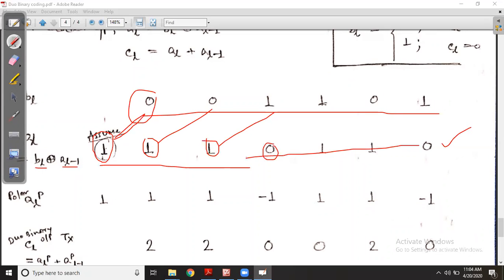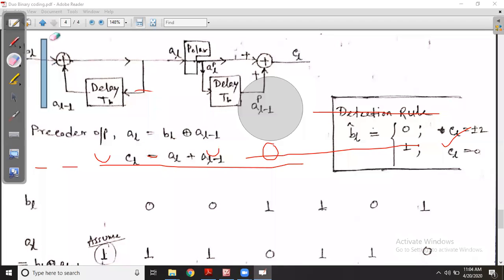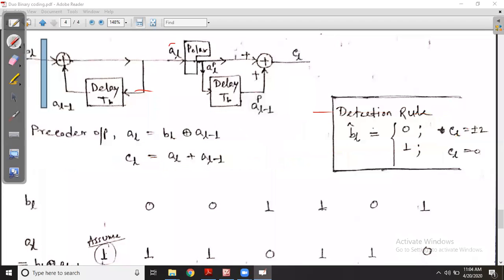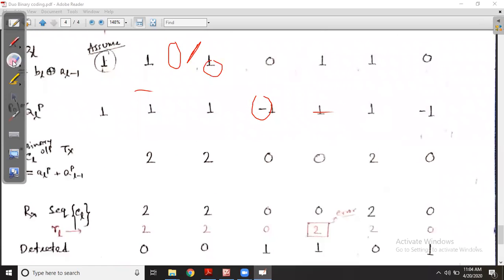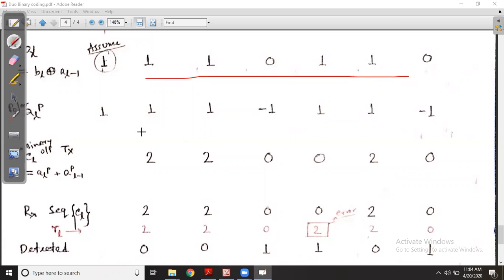Then this row is now nothing but AL. Going through some line coding technique, we are getting ALP and AL minus 1P. You see here, this is your bits, this is your voltage level, 0 is minus 1, 1 is 1.